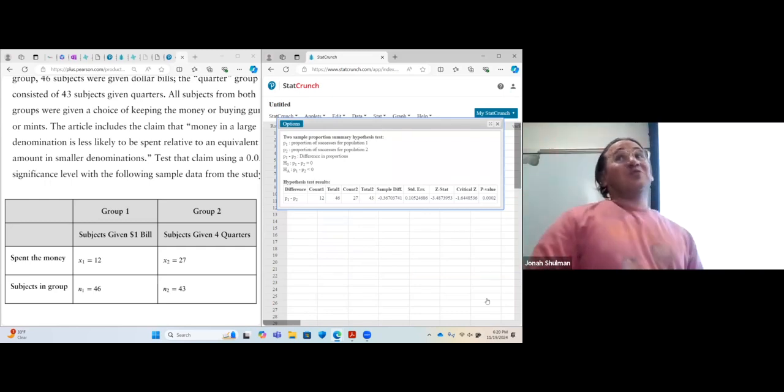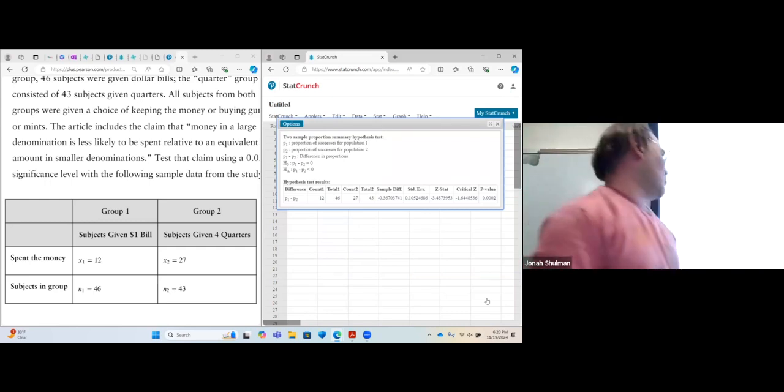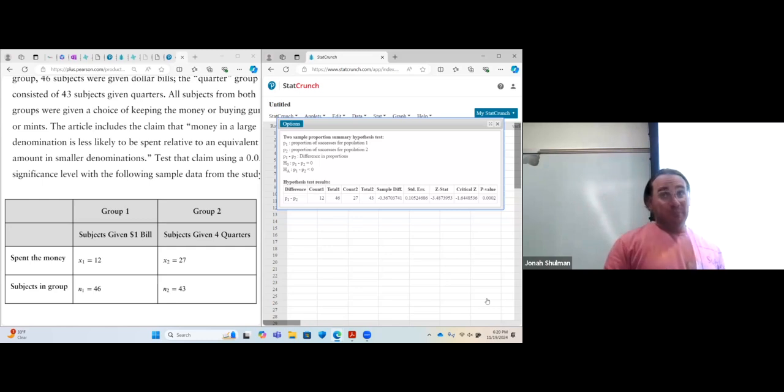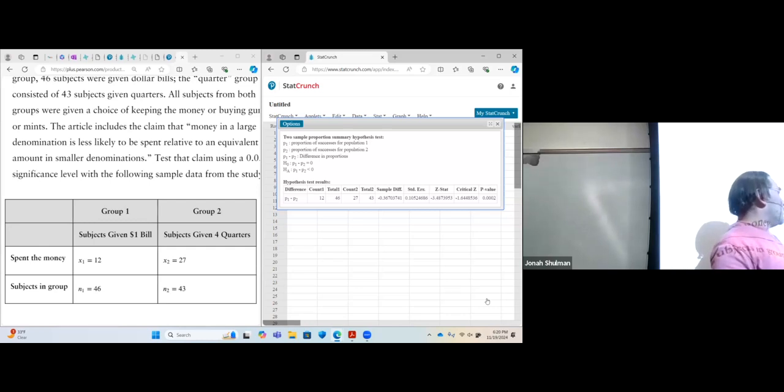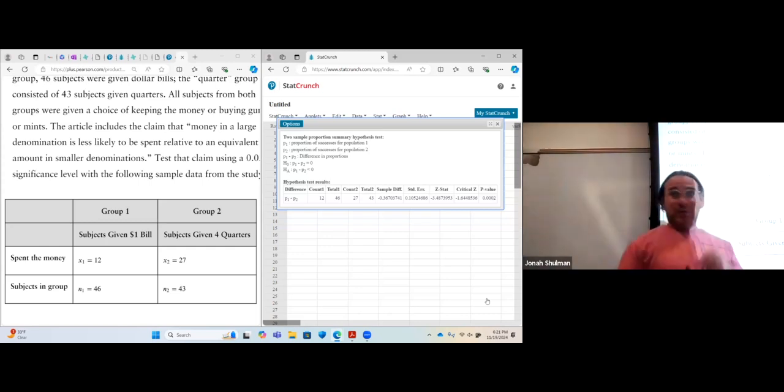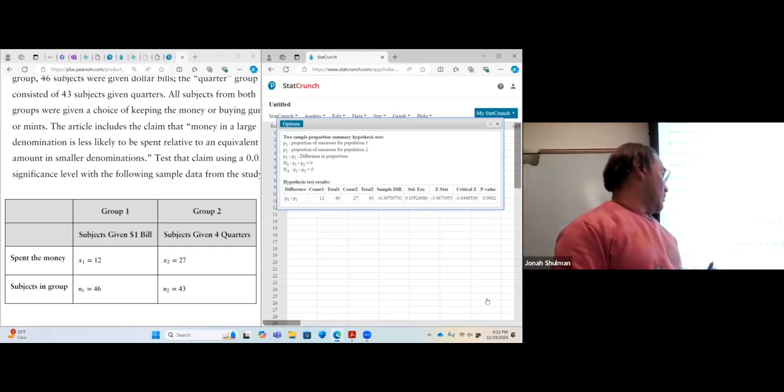Okay, so that's such an easier question. P1 is the probability of people spending money from group one. P2 is the probability of people spending money given 4 quarters. Is that okay? You could think about it as 12 divided by 46.